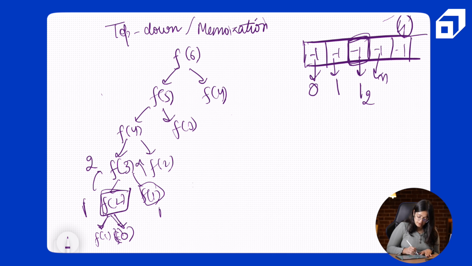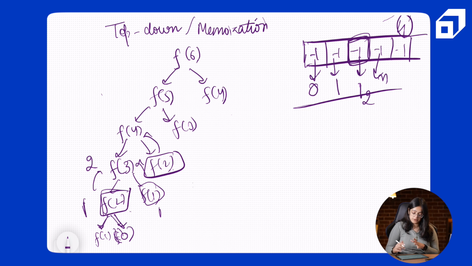Now f of 4 needs the value of f of 3 and f of 2. So f of 2 we already calculated and have stored the answer in the DP table, so we can just return the answer instead of making a call again to f of 1 and f of 0. Whenever we calculate the answer, we store it directly. So for f of 4, the answer will be 3.